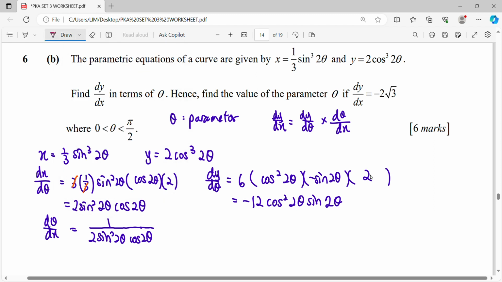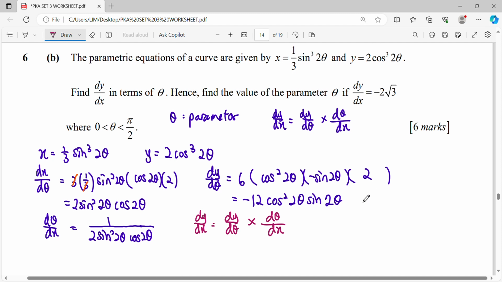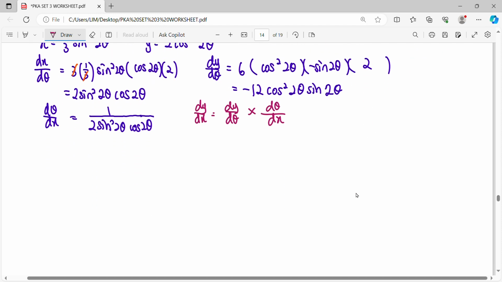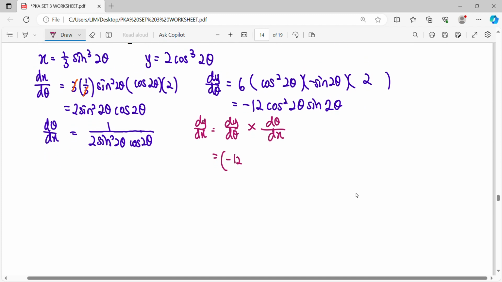So what we need, dy/dx, equals dy/d theta times d theta/dx.